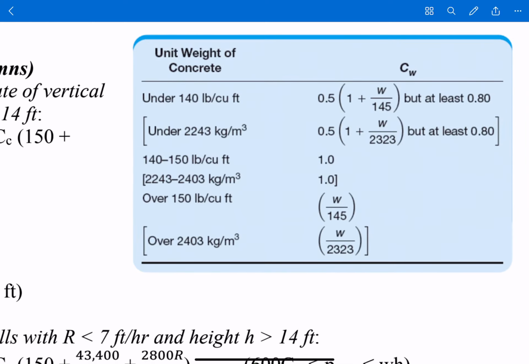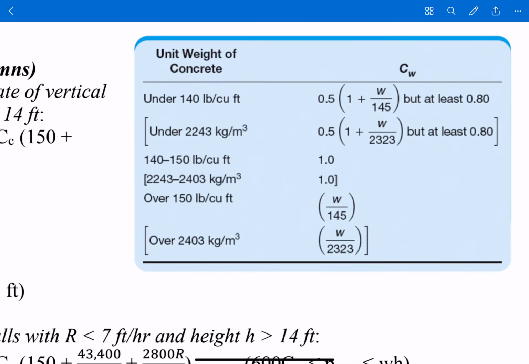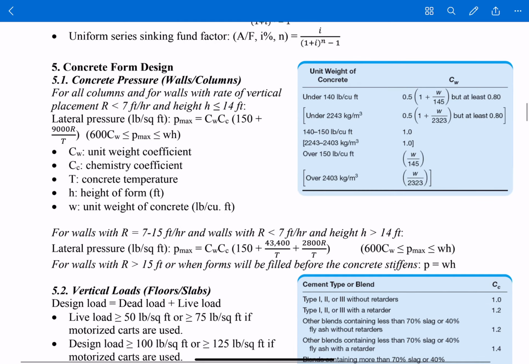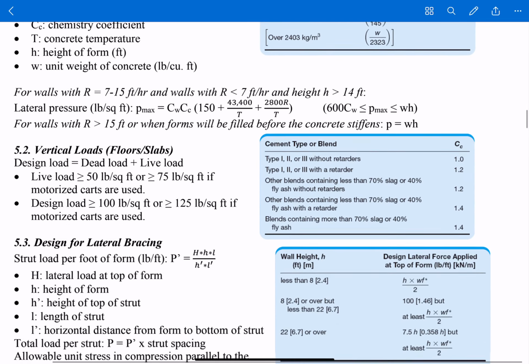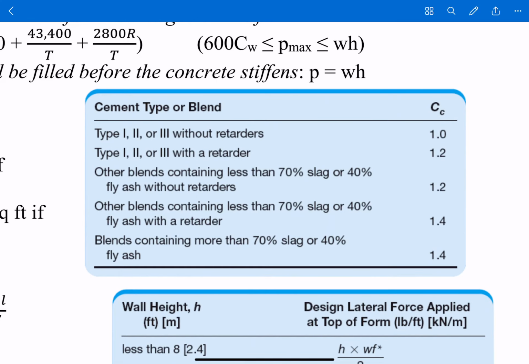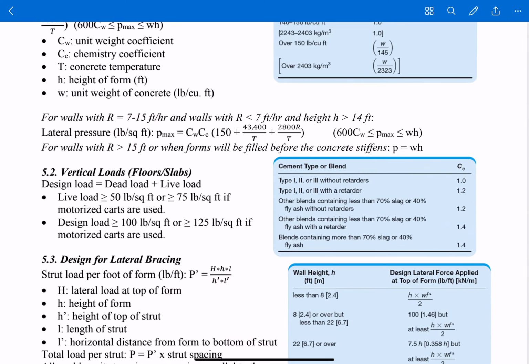That's the table we apply, table 13.1, CW equals 1. And then the chemistry coefficient CC applies in table 13.3 here. The cement type in our problem is Type I without retarder, so that is the first line item, CC equals 1. Everyone see that one?